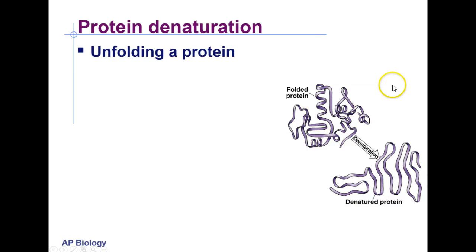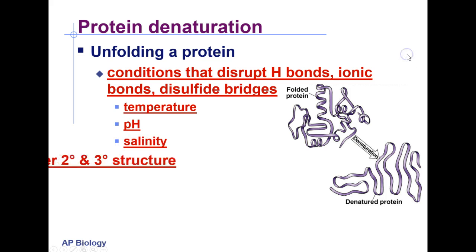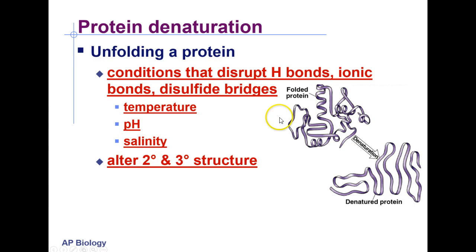When our proteins come in contact with excess temperature, such as it's too hot, too acidic, too salty, that can actually break bonds of our amino acid chain folding, and can do what's called denaturing the protein. Once you denature a protein and it's not shaped like it once was, it won't work anymore.